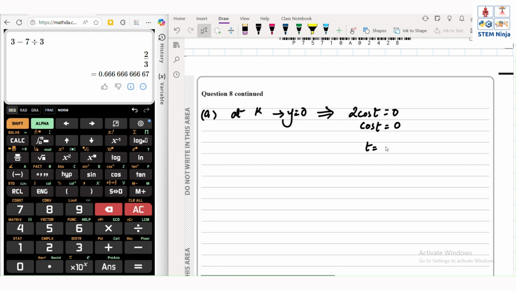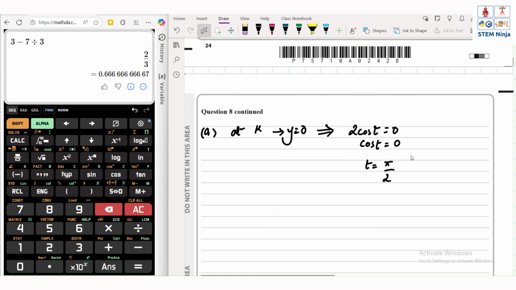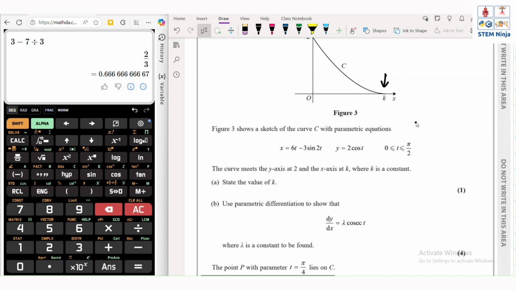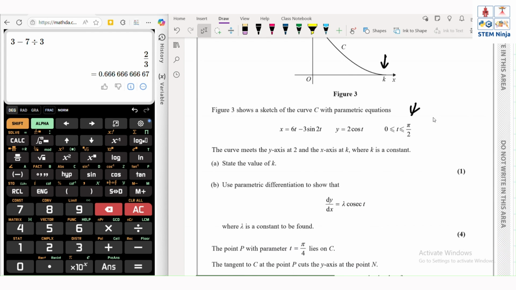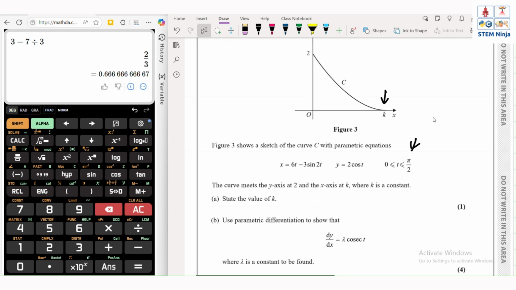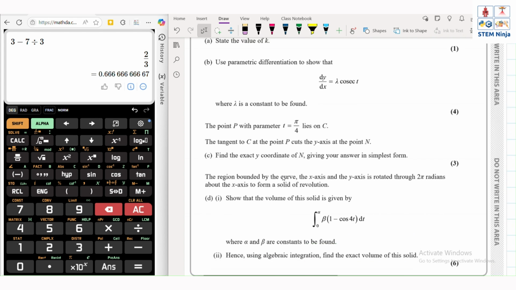So t is, cosine only becomes 0 at pi by 2. So that's the range we have, up till pi by 2. So that's the t value where this is happening. We still need to find out the x value.